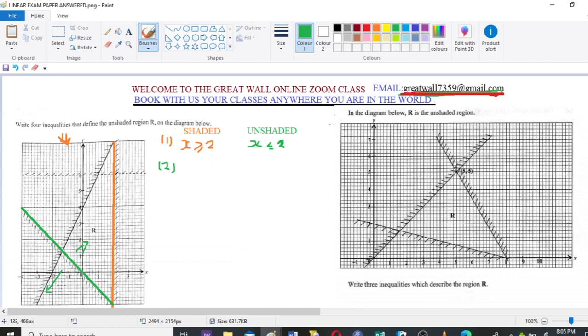So the shaded region downward is y. Why have I used y and not x? In the y-axis, as you go down, you are approaching all the values which are less than the top part, and this is the area which has been shaded.